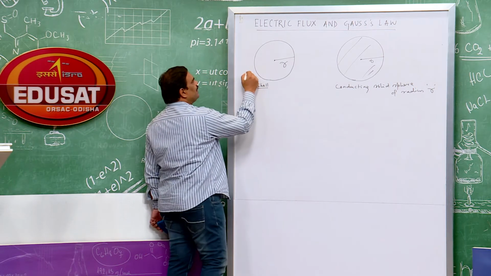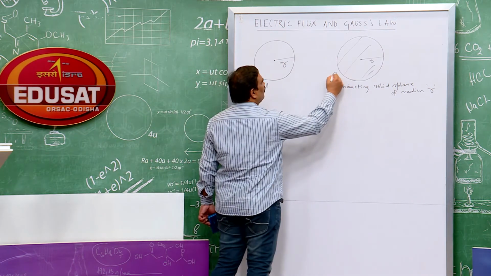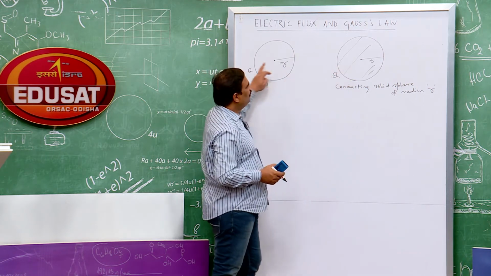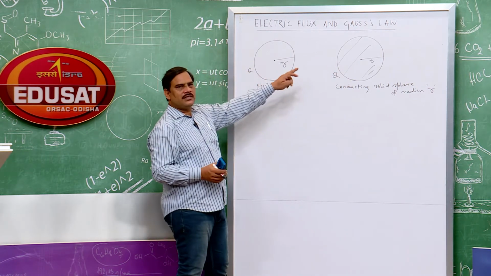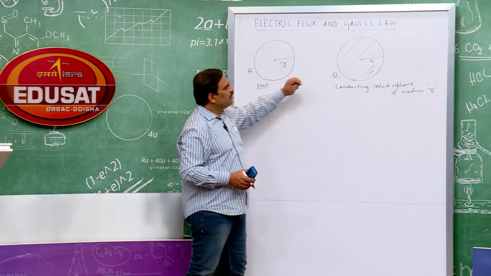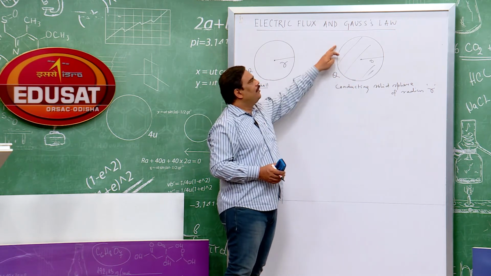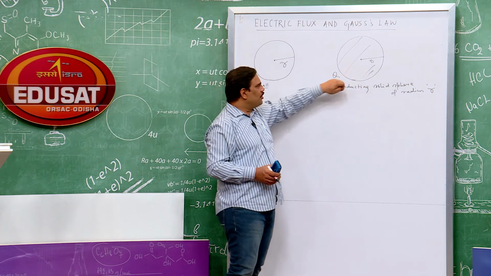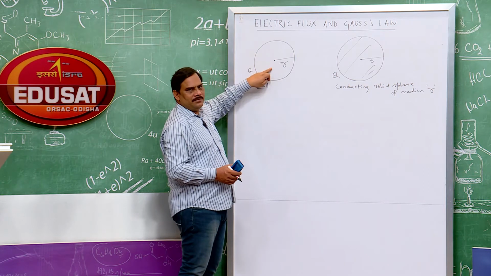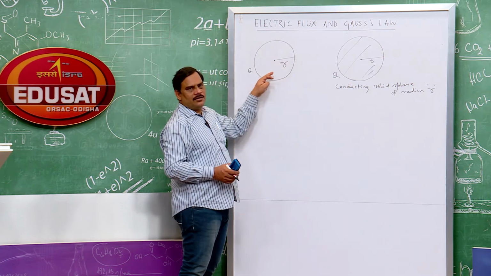If a charge q is given to the sphere and to the shell, both the charges will lie on the surface. Since the sphere is conducting, due to mutual repulsion the charges will lie on the surface. Just like for a shell, since no matter is inside, the charges will always remain on the surface.